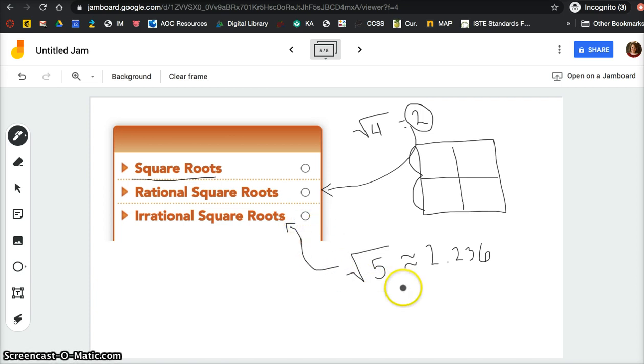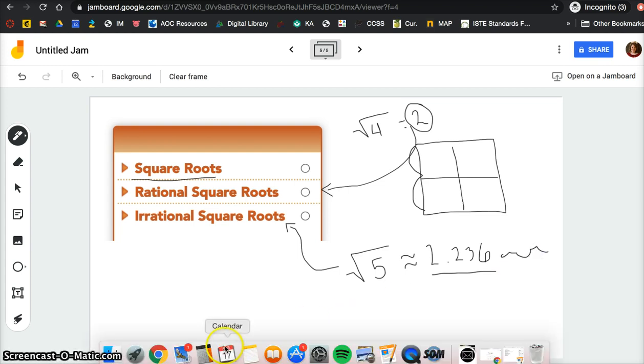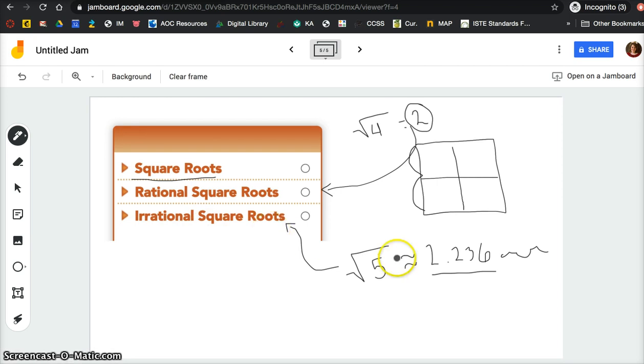It's a square root that is not a perfect square, which we'll talk about in a moment, and therefore it's going to have a decimal form that goes on and on forever and never has an end. So irrational square roots are decimal forms that never have an end.